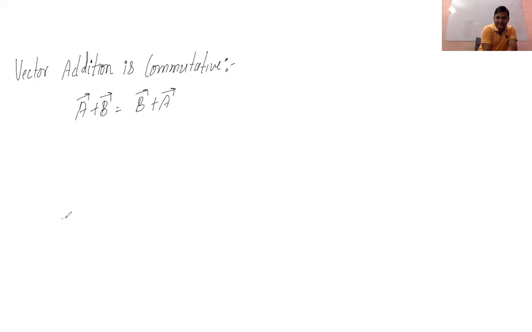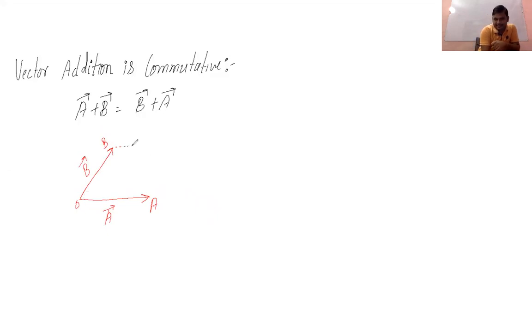Let's say this is your A vector, you can name it OA. Here it was your B vector, and the point is B. The resultant of these two vectors is represented like this.